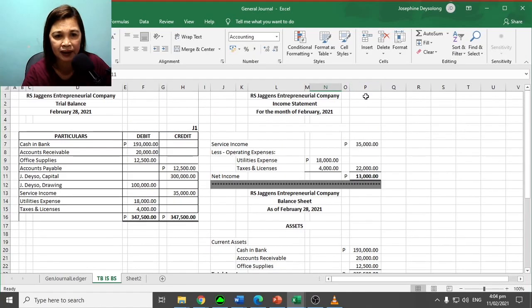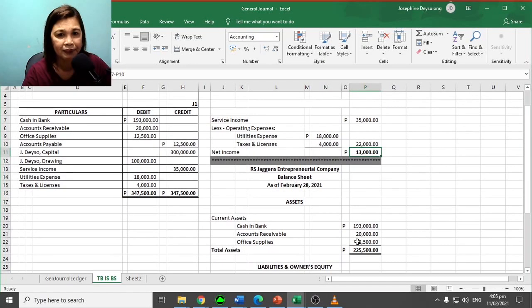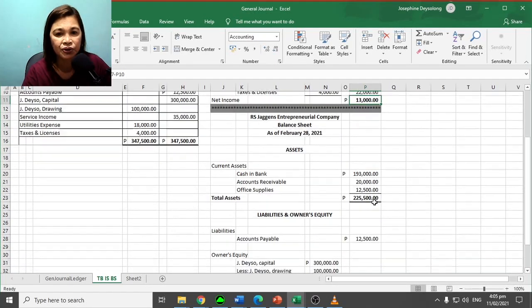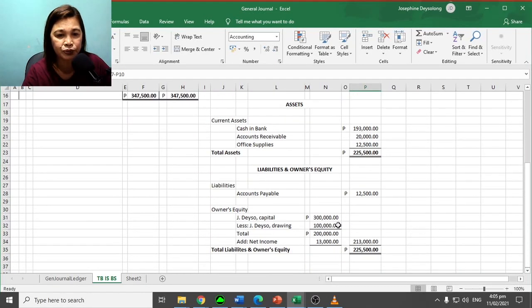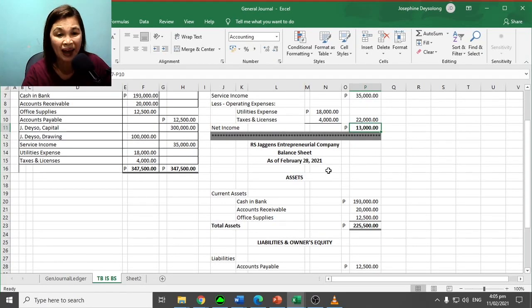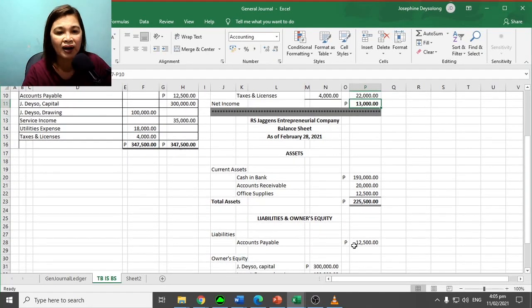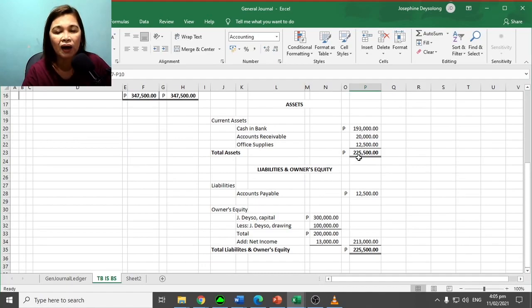The P11 here is under the income statement of the net income. Okay? So it is easy for you to check if you have a balance sheet, if your assets have the same balances with the liabilities and owner's equity.